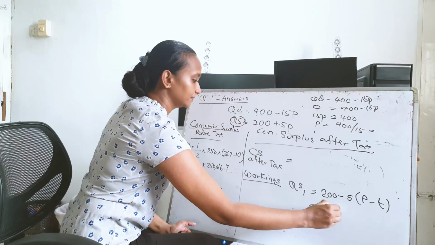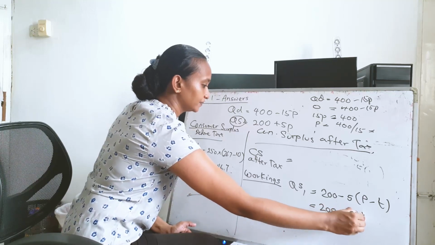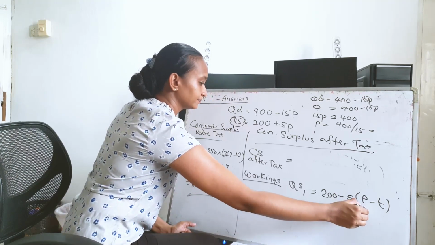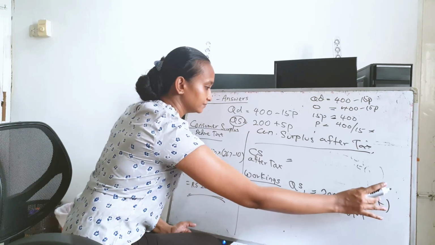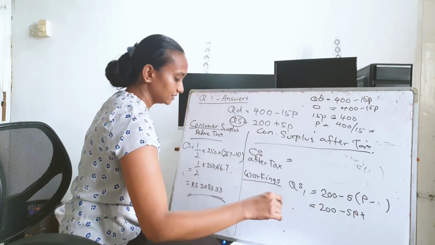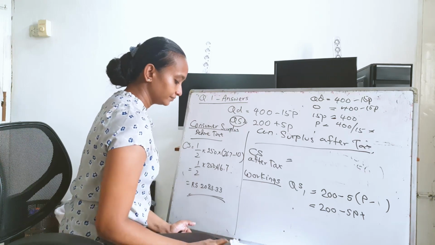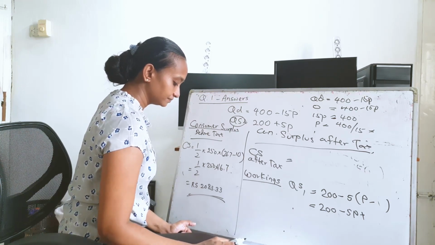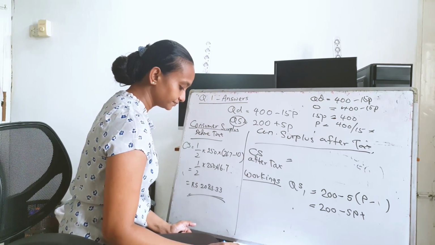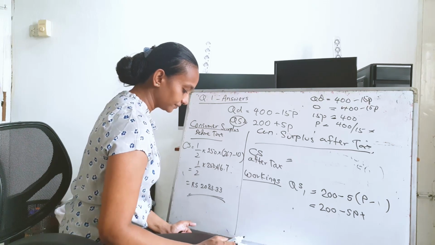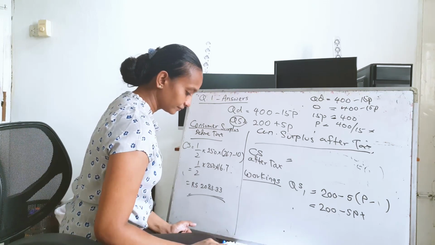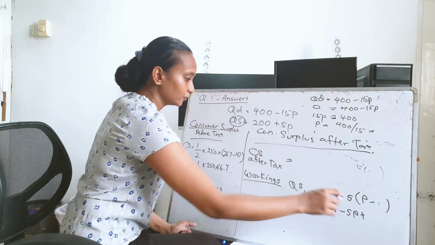Here, instead of t, I will write the tax amount, which is 4 rupees.